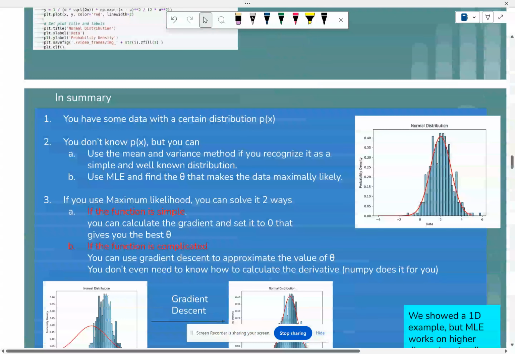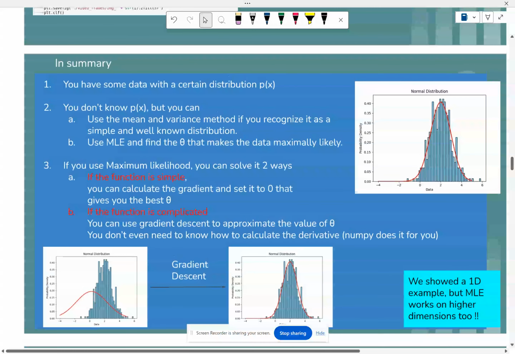Okay, all right. So in summary, you have some data with some distribution p of x. You don't know what p of x is because the parameters in there, the theta, are not necessarily the mean or the variance. You don't know what that is. If you do know, then the problem is solved. But if you don't know, then you have to use maximum likelihood.